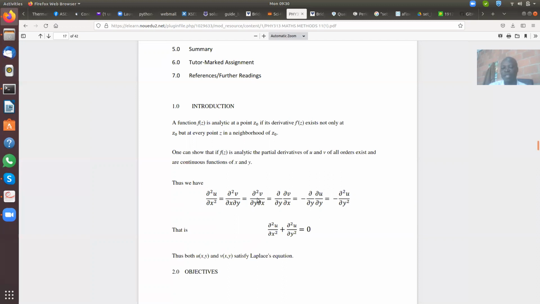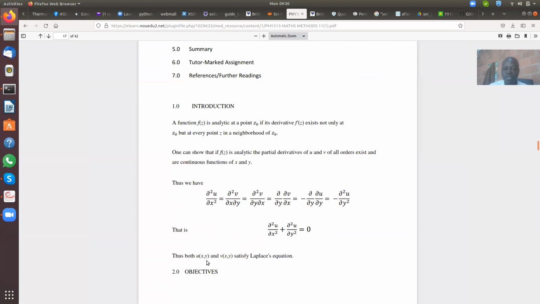The same thing, if you take the derivative of v with respect to y and x, you are still going to have similar things. So in a nutshell, we can say that the second derivative of u with respect to x squared plus the second derivative of u with respect to y squared is equal to 0, meaning that the two of them are equal. One will be positive, one will be negative. By the time you put them together, the result will be equal to 0.